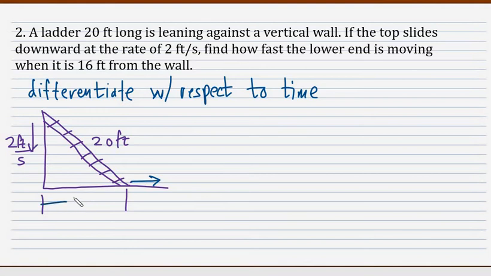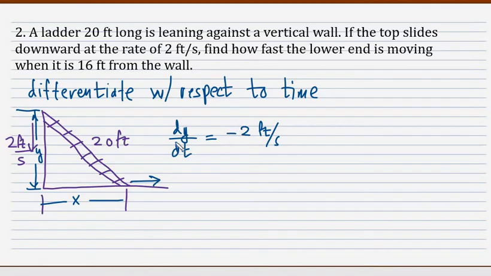So let's say this is x. Now let's say this is y, the length of that is y. So therefore, the derivative of y, or the change of y with respect to time, would be equal to negative 2 feet per second. Negative is the sign because y is decreasing in length.